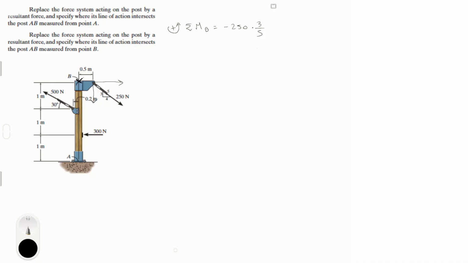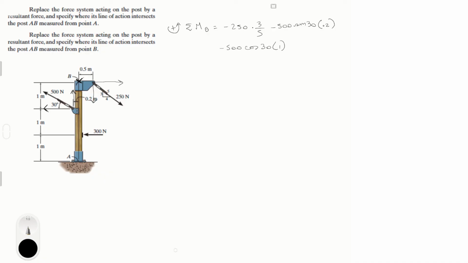Now the 500, the y component is minus 500 sin of 30 times 0.2. It's minus because it's also trying to turn it clockwise. Minus 500 cosine of 30, which is the x component, times 1.